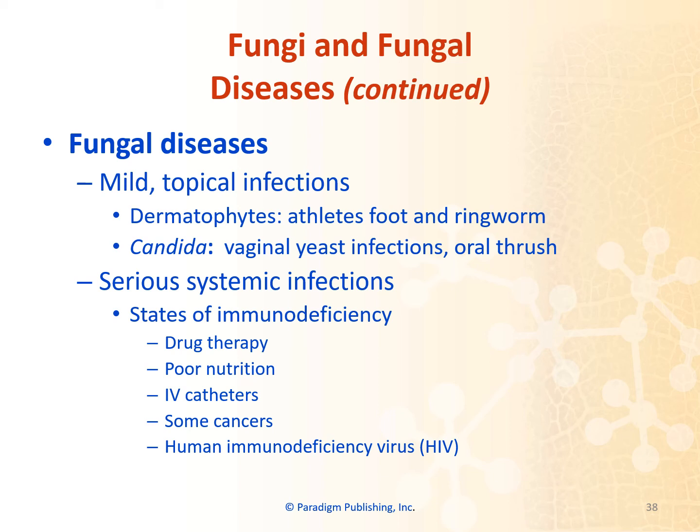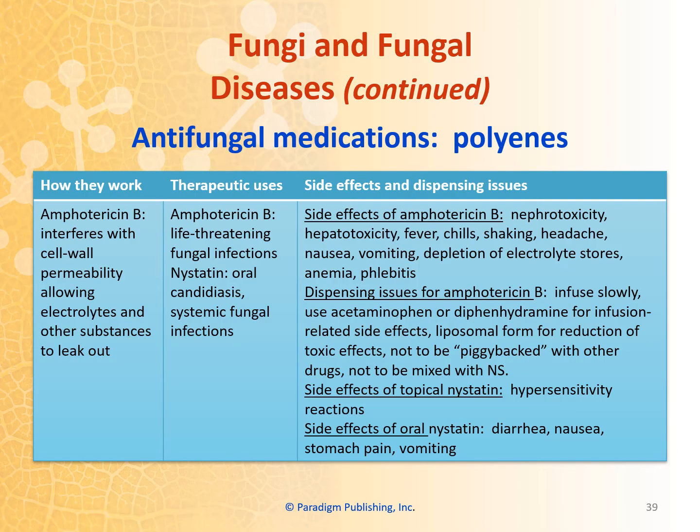Most are mild topical infections. They include dermatophytes and candida. And serious systemic infections can also happen, but they're more common in people who are immunocompromised. Amphotericin B is one that you will see very commonly in a hospital setting.